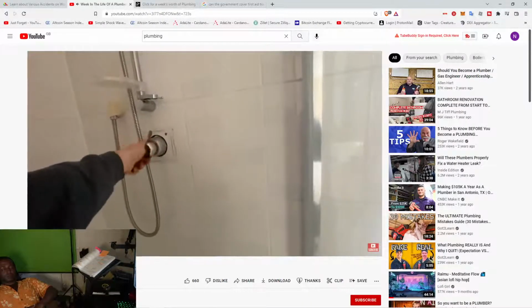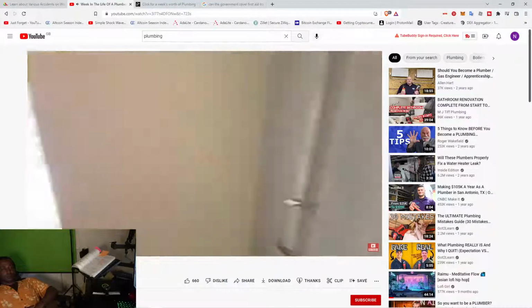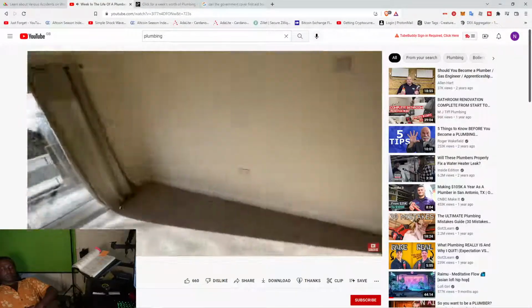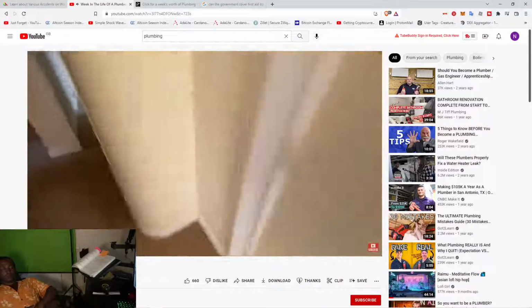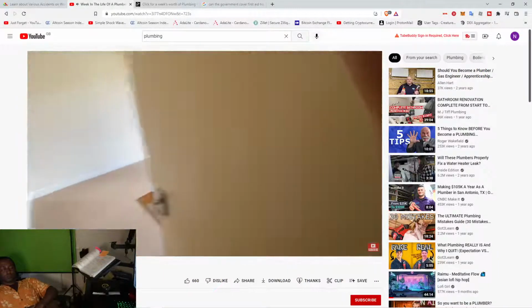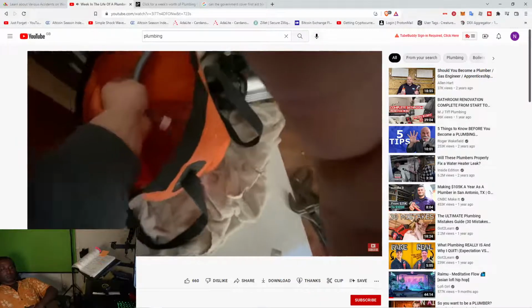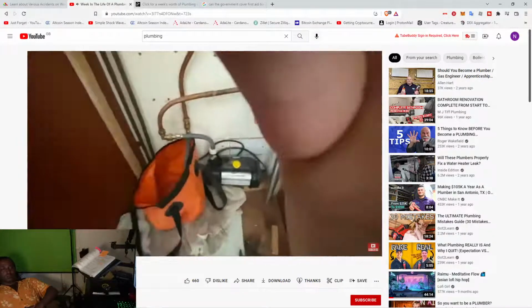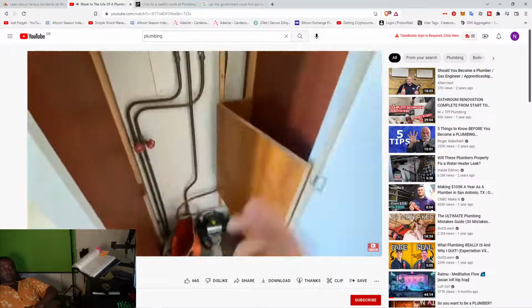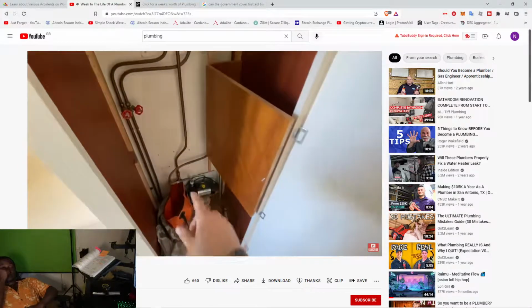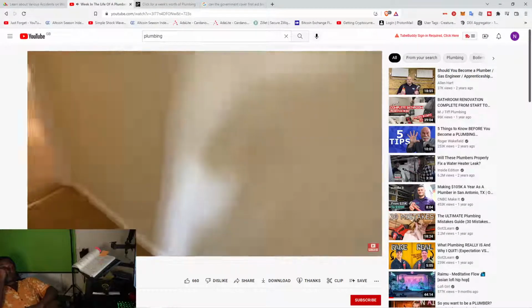So when I turn this on, if water's coming through, which it is, we know that the valve is fine and it's not faulty, so it definitely is the pump. So we'll go get that swapped over.